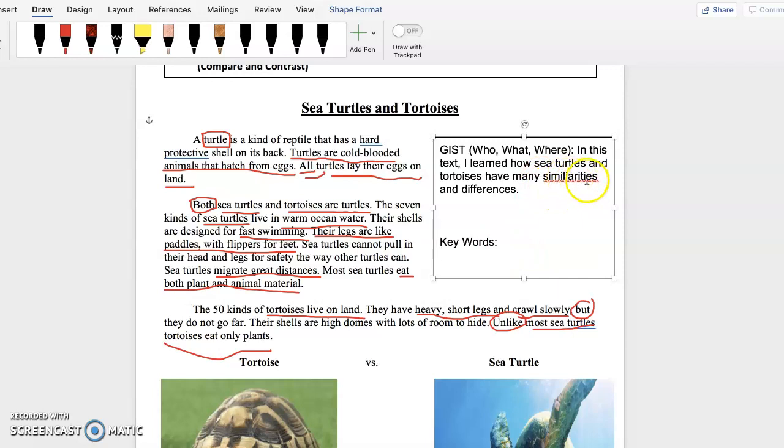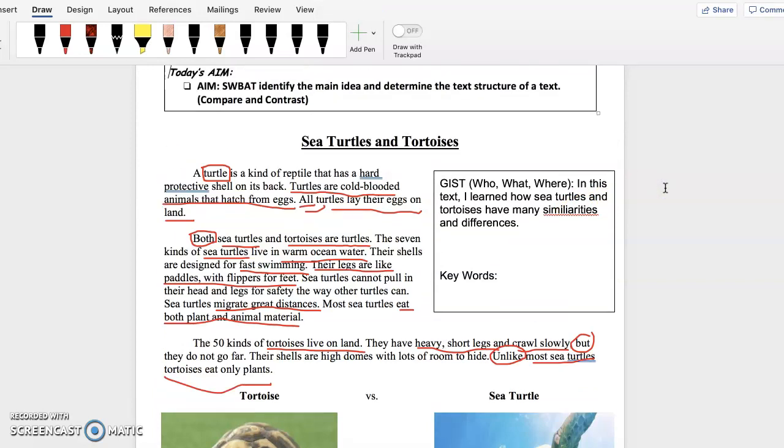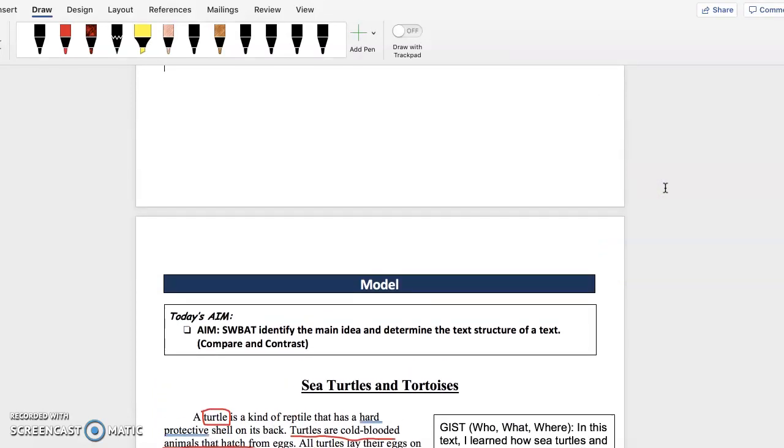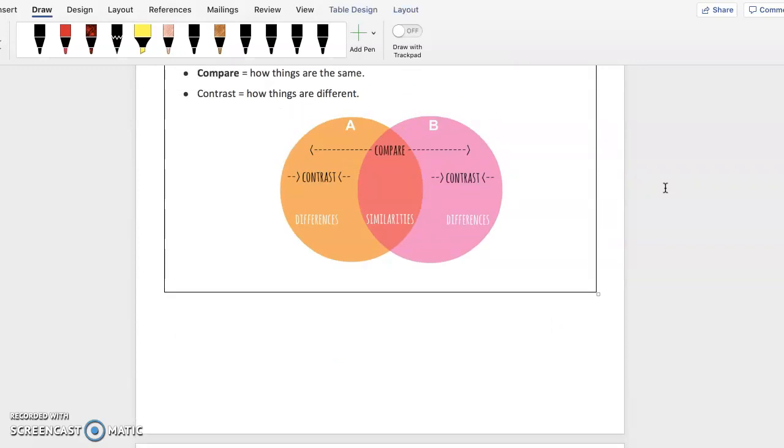The purpose was to tell us how they have similarities and how they have differences. How did I spell that? Did I spell that wrong? Similarities. Okay. Let me go back up, guys. I'm drawing a blank. How did I spell that wrong? Oh, okay.